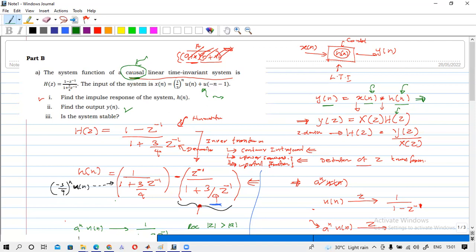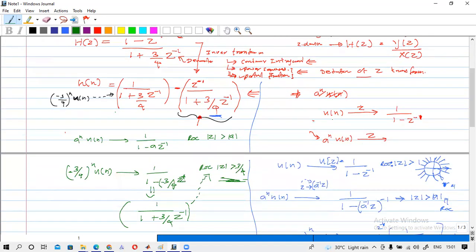But when you are going to evaluate yn through this YZ, sometimes you may have to perform the partial fraction simplification. That manipulation you have to do. We will see whether we have to do it.